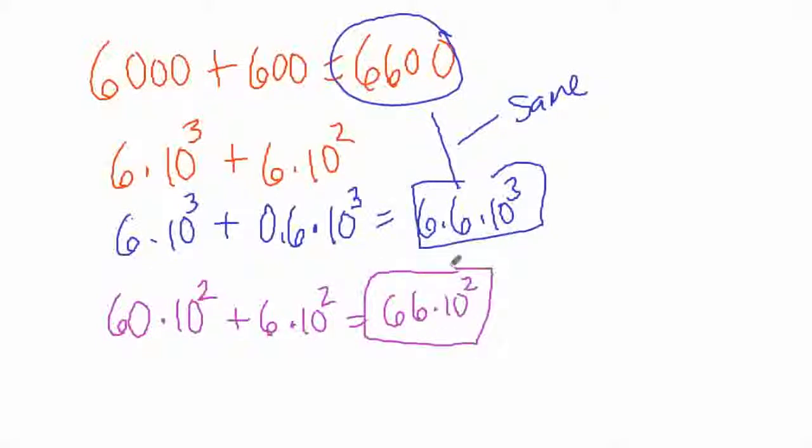Now that's not correct scientific notation, but it's still an equivalent, equal number. And if you wanted to, you could go ahead and adjust. You could make the 66 smaller and then compensate by making the exponent bigger. So you can get comfortable with adjusting the exponent and adjusting the number in front to compensate.